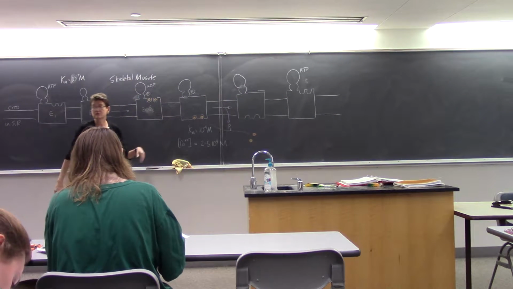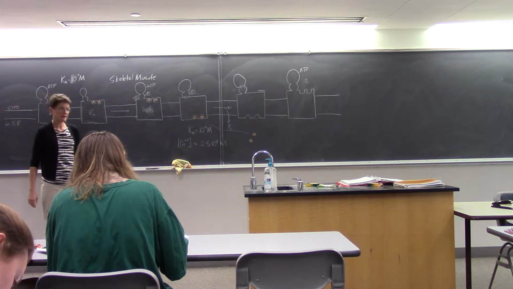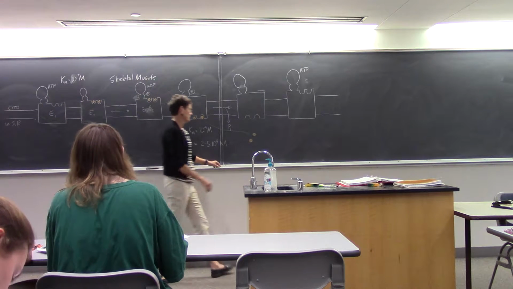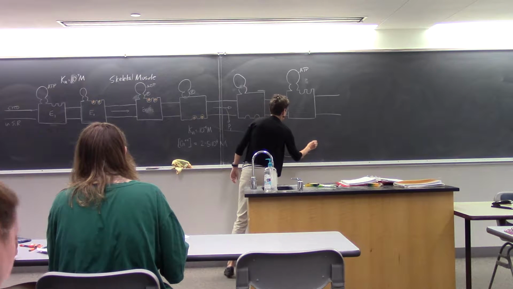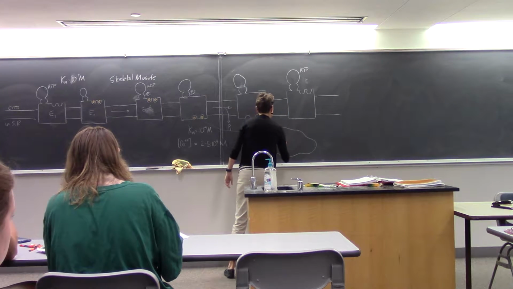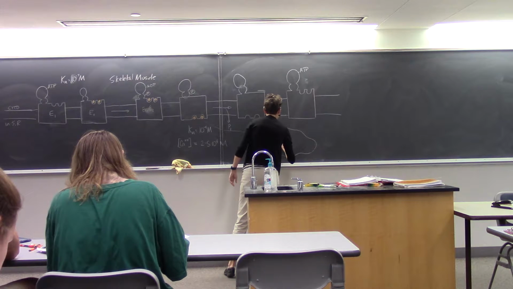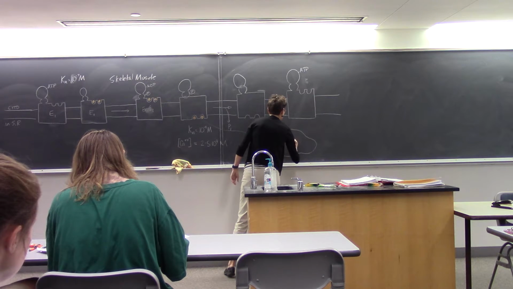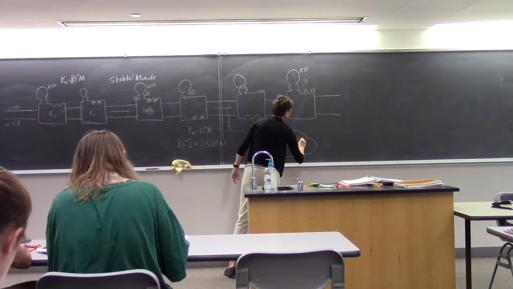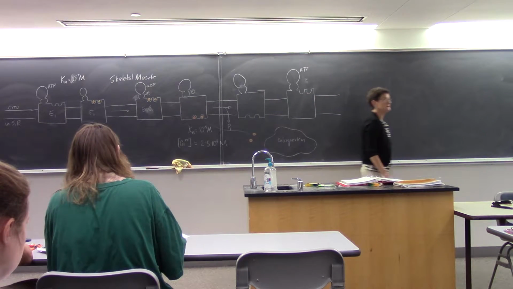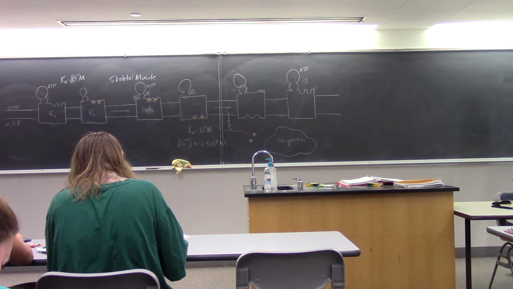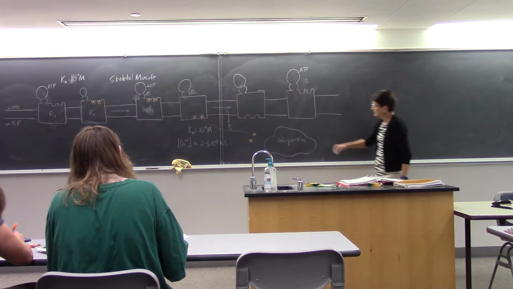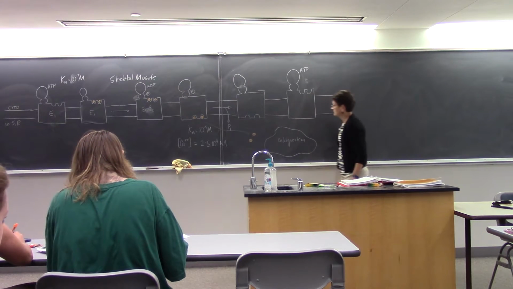And one way to reduce the amount of free calcium in the sarcoplasmic reticulum is to have a bunch of proteins that can mop up the calcium. So there is a protein in the sarcoplasmic reticulum called calsequestrin. Can you read it?